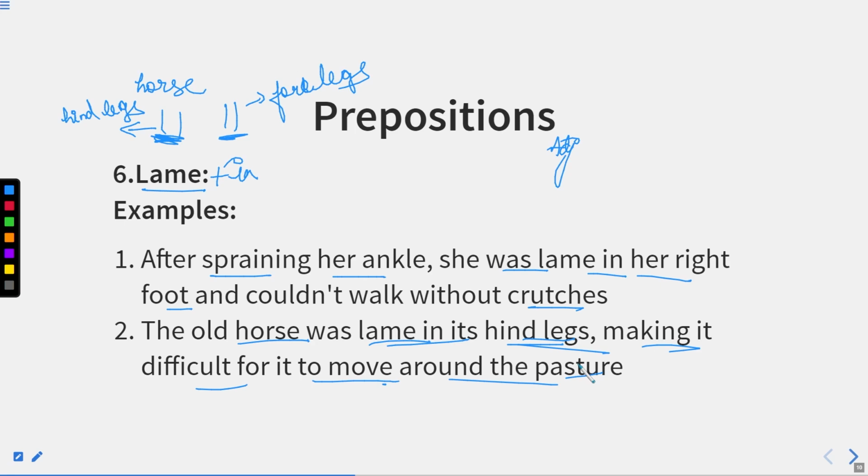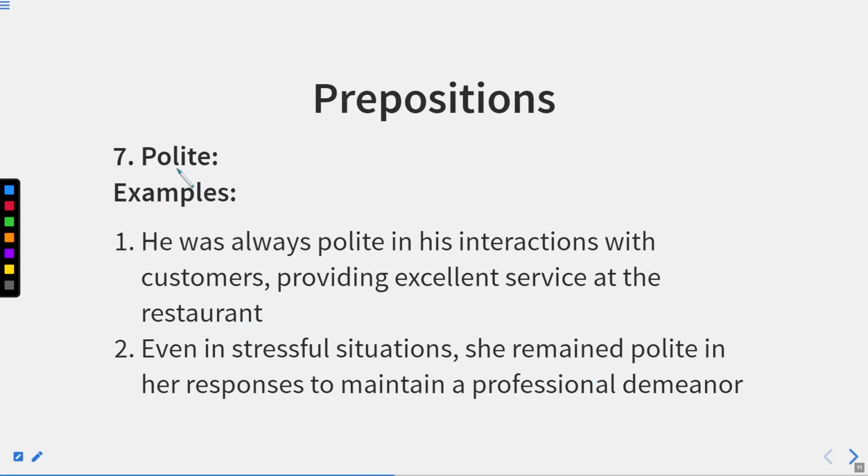Now let us move to the next one. Another word is polite. Again, polite is an adjective, but we can use it as a verb as well, using in as a preposition. He was always polite in his interactions with customers, providing excellent service at the restaurant.